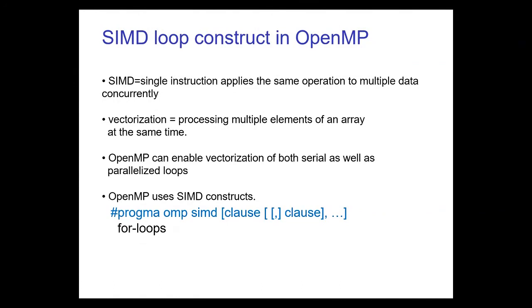So vectorization, as we saw just now, is a process of handling multiple elements of an array at the same time. So OpenMP, if you use SIMD, is supposed to do exactly the same thing as the vectorization done by the Intel compilers. Apply it to a loop, that's the most widely used application.